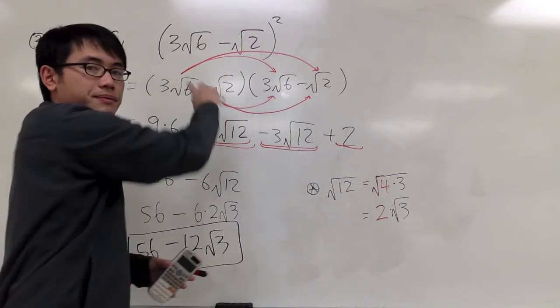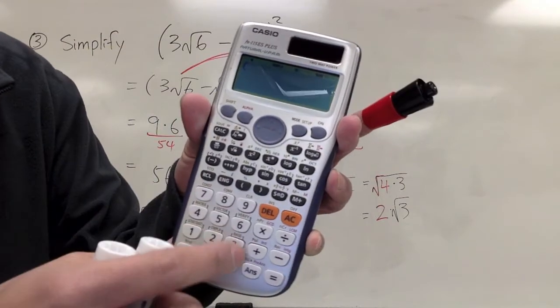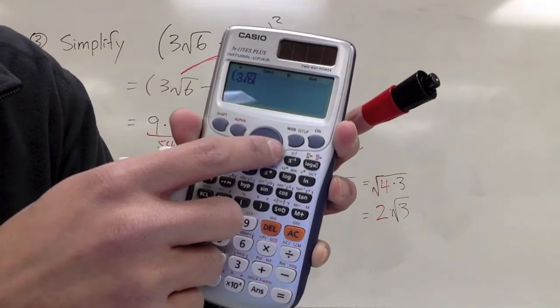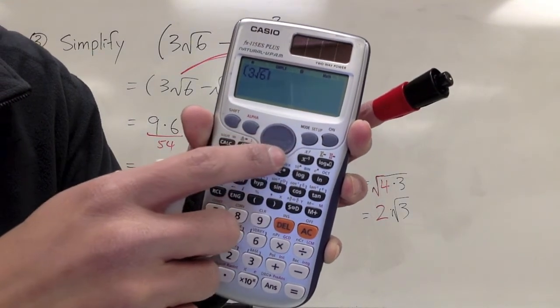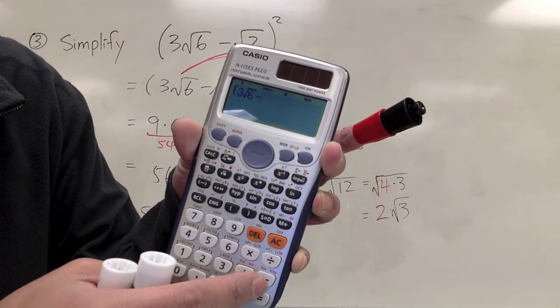Okay. So I just need to enter parentheses 3 and have the square root of 6, and make sure that you get out of the square root by pressing the right button, and then minus. Let's use this for minus.